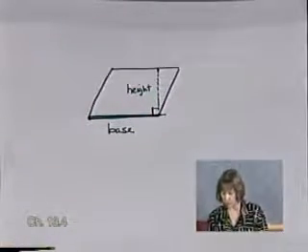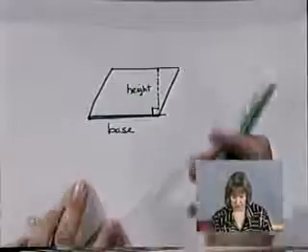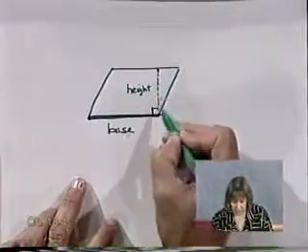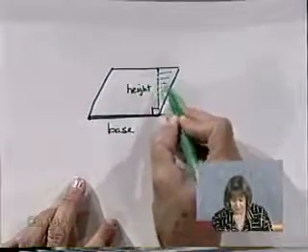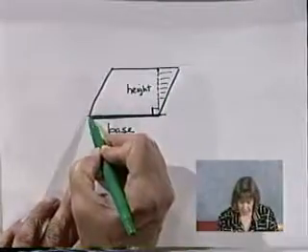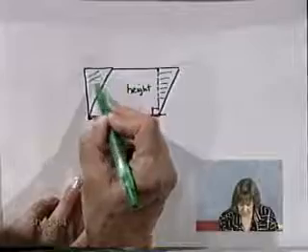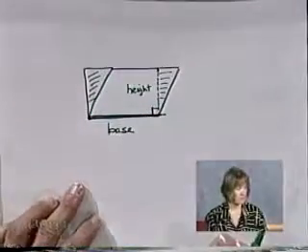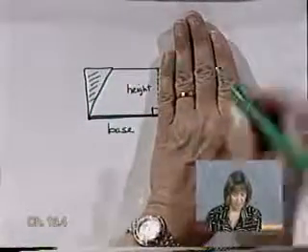Now, I think most of you would agree, if I took this little triangle right here, and I took a scissors and cut it out, I could put it right here. So if I cut that out, I'd have that. What is this?